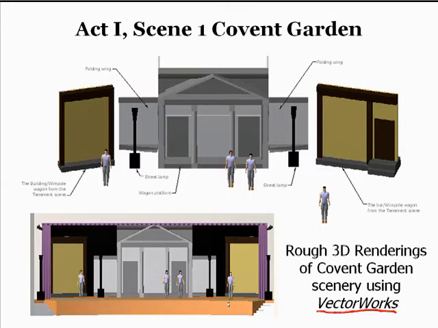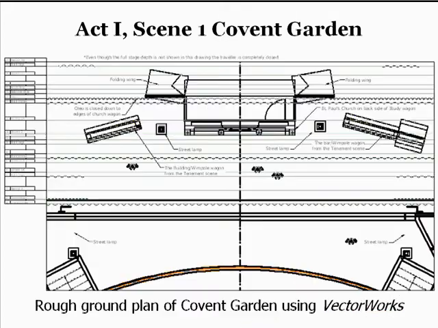So this is for showing everyone what we're building. This drawing is more for technical purposes, and it's used to determine and illustrate where the scenery is going to be placed, and basically how the lighting is going to be affected. So we can see how far back from the proscenium opening this thing is being placed, what kind of spaces are between them.